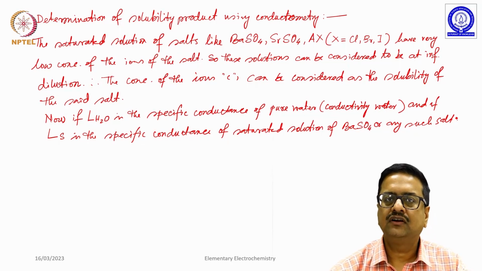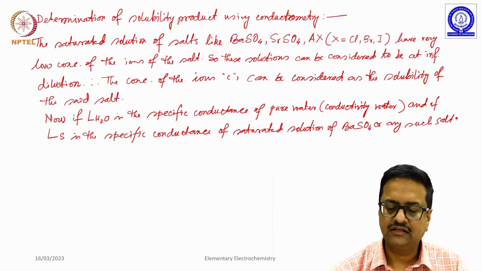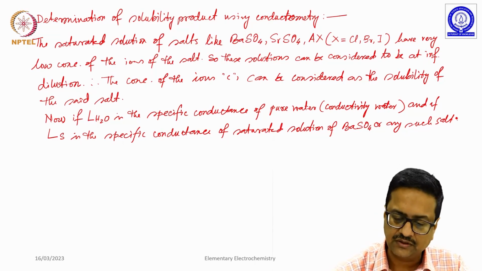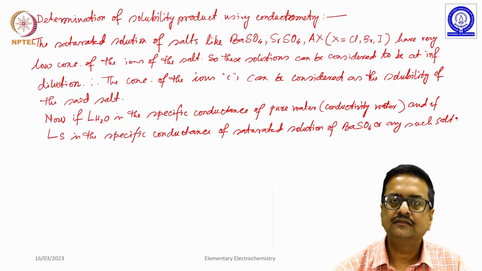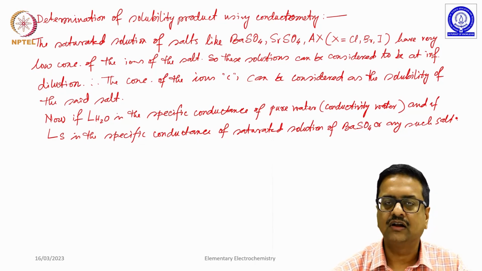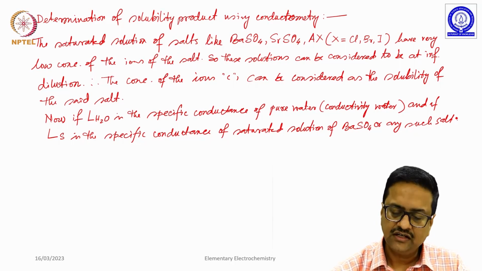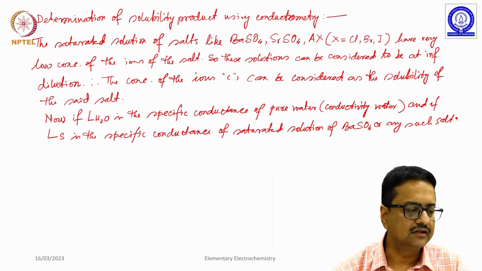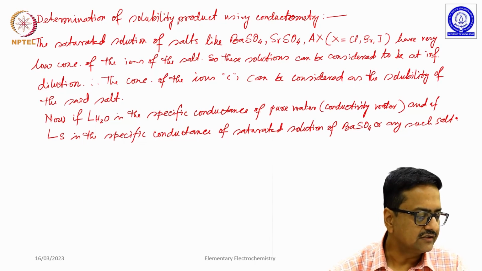Whatever amount of salt dissolves in that makes it a saturated solution of barium sulfate or silver chloride or silver iodide or strontium sulfate, whatever it is, and then we let the salt precipitate, whatever has undissolved, and we use the supernatant liquid for further measurement.